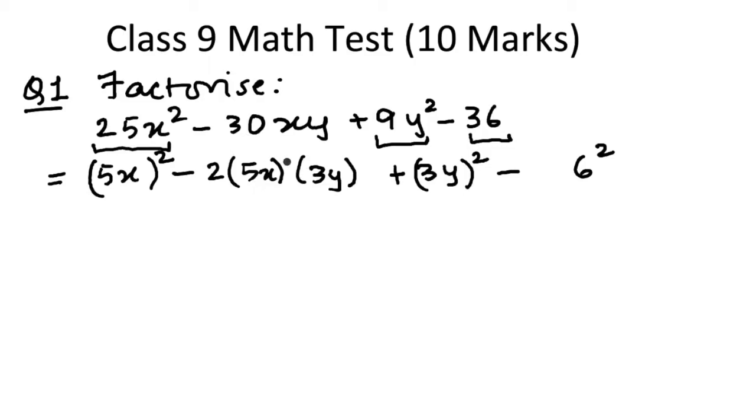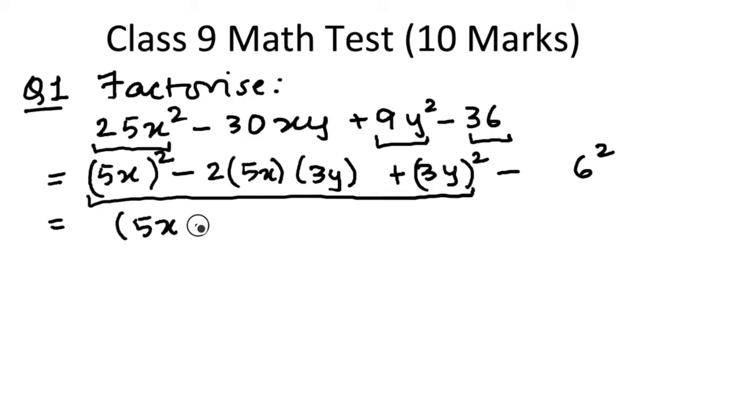So this matches with this, and so from here to here, this is your 5x minus 3y whole square. Because the middle term is minus, it will be like a minus b, and minus 6 square.